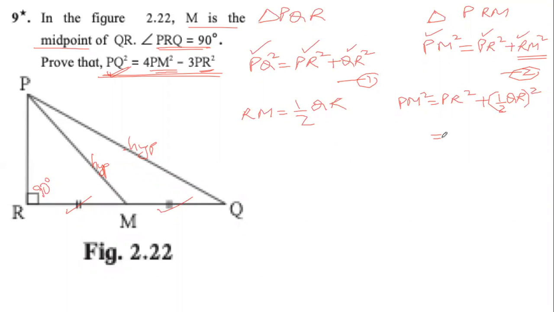So this becomes PR square plus 1/4 QR square. And when we simplify this equation by multiplying the entire thing by 4, we get 4PM square equals 4PR square plus QR square.